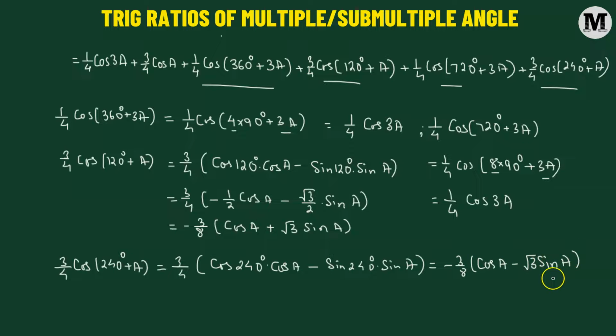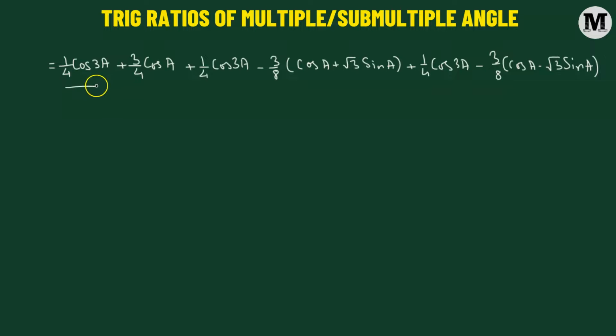Now that we have obtained all the simplified values, we're going to substitute them into their respective positions, and we should get, now we can add 1/4 of cosine of 3a with this and this, and that's going to be equal to 3/4 of cosine of angle 3a. Fine.